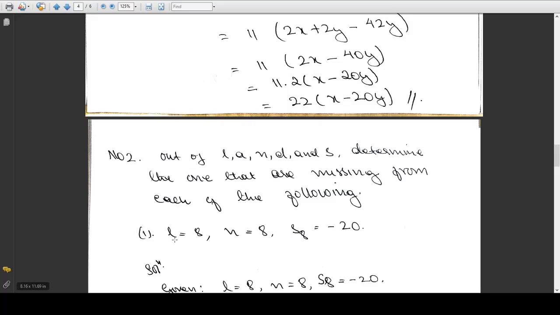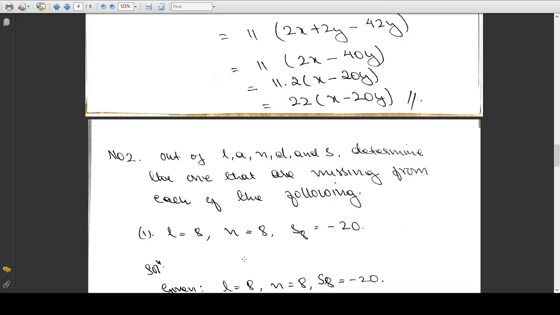Okay, the first one: L is 8 given, N is 8 given, S8 is minus 20. What do you have to find out? Which is missing here? A is missing, D is missing, isn't it? A and D, you have to find the value of A and you have to find the value of D.